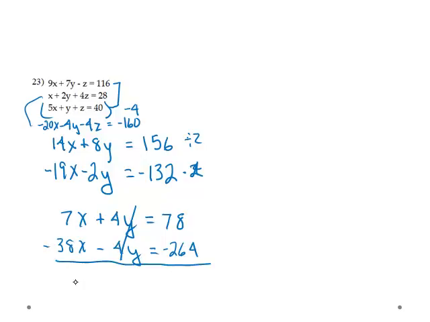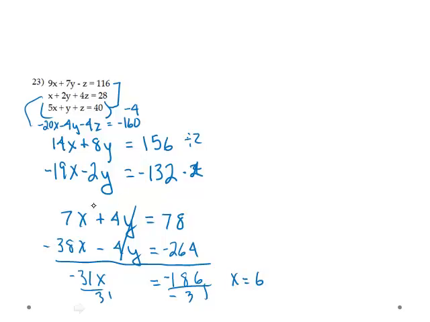The y's are eliminated, and -31x equals 264 minus 78 is 186. Divide both sides by -31, and you get x is 6.